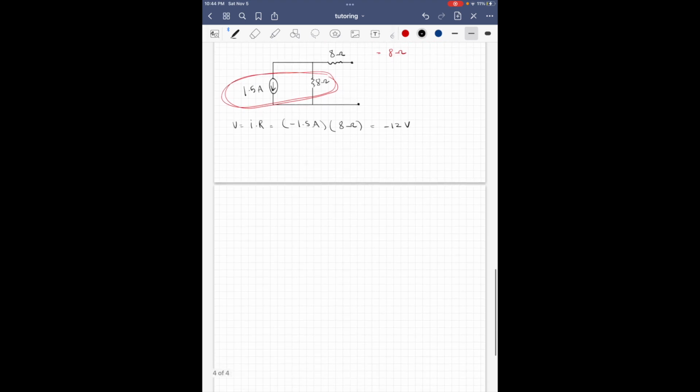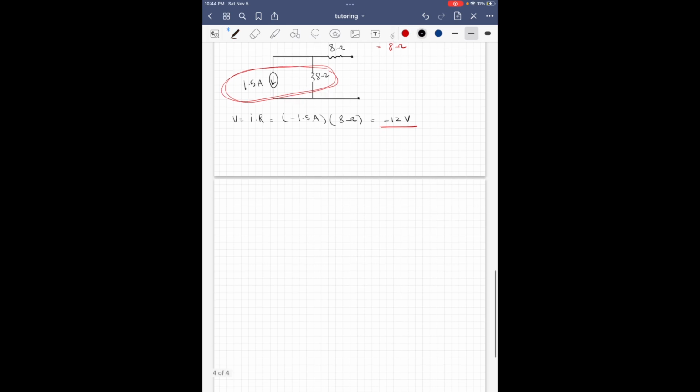Now I'm going to redraw, and this should ring a bell. We saw this somewhere else. Anyways, we'll get back to this. Now I'm going to redraw this circuit, and I'm going to have the voltage source right here of 12 volts, and I'm going to bring this resistor up here, and we have the 8 ohm resistor here as well, and our two terminals.